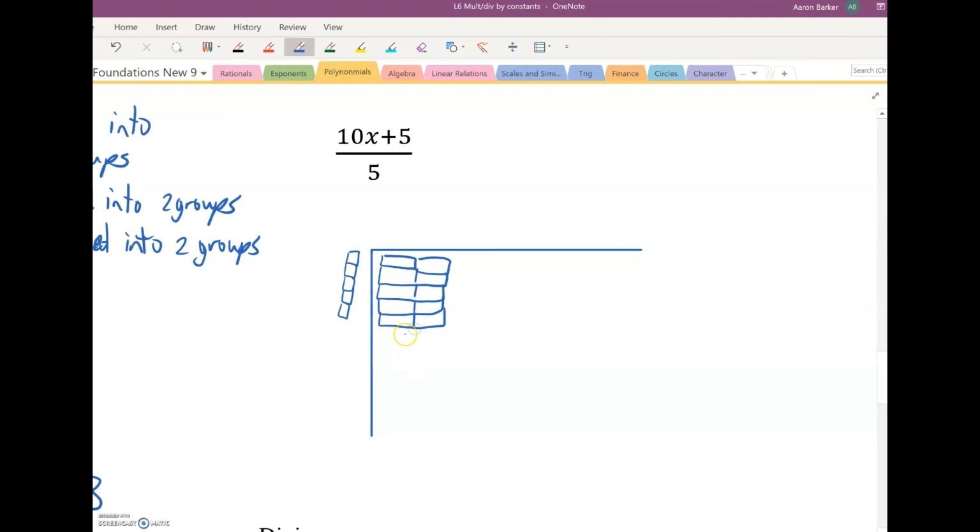Altogether, that's 10 x's. Then I have plus 5, so that would be simply groups of 1. And there's my plus 5. So each part is divided, and I get 2x. The length of the top is 2x plus 1.